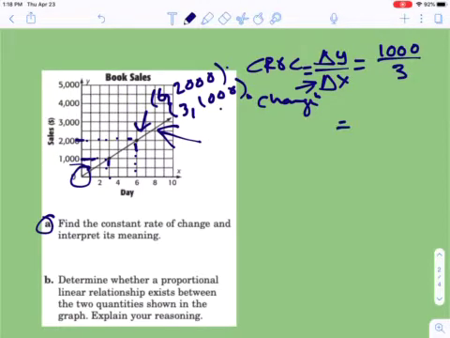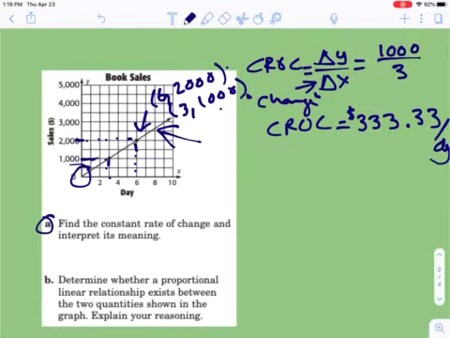So this is going to give you a constant rate of change of 333.33 per day. So you are selling $333.33 per day.